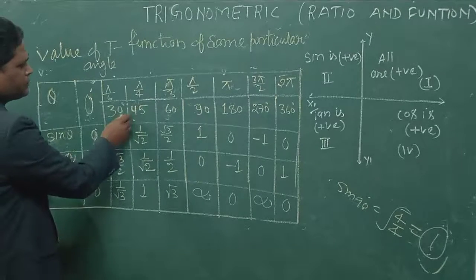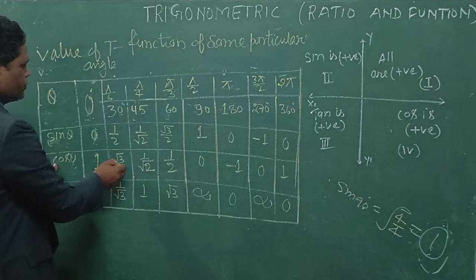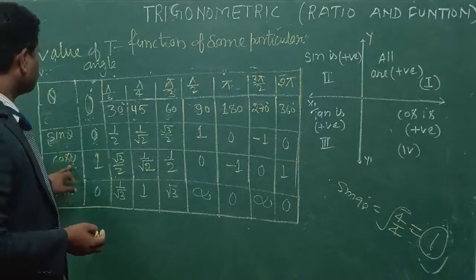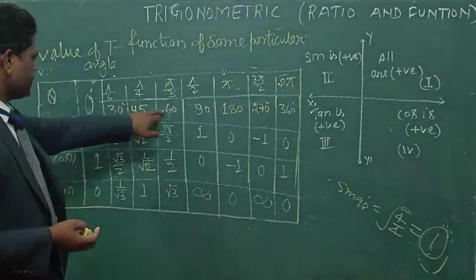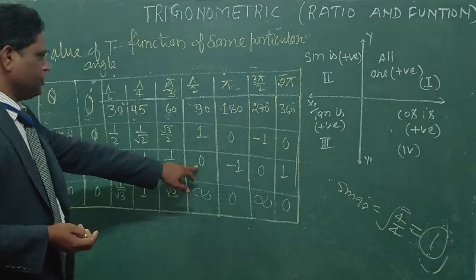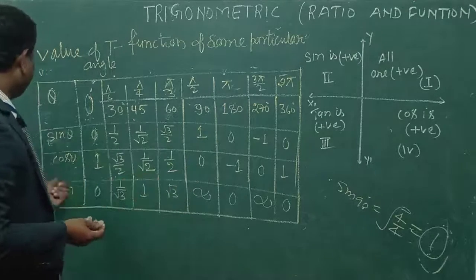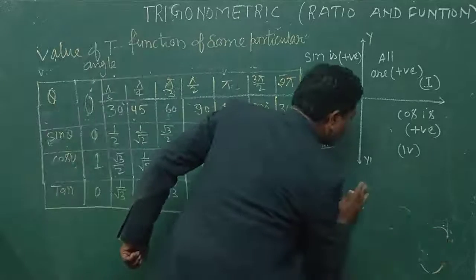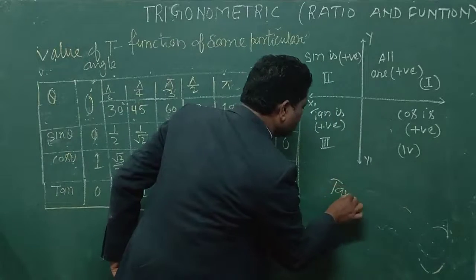Cos 30 degree value is root 3 by 2, cos 60 degree is 1 by 2, and cos 90 degree is 0. How can we find tan theta? Suppose tan 30 degree.